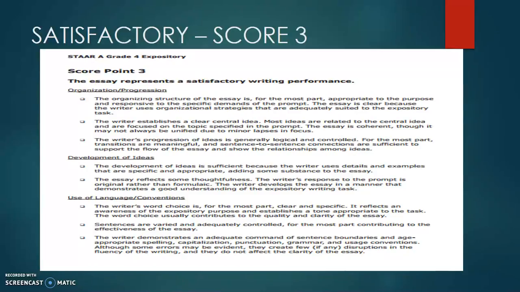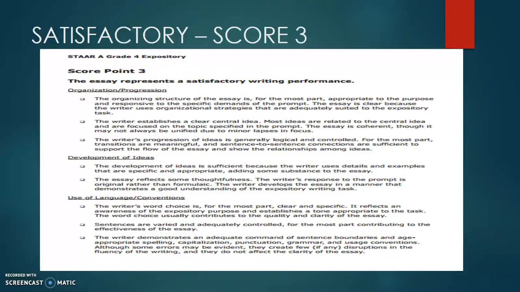So that means that you have stated your central idea in a topic sentence, and most of your ideas are related back to that central idea. They are focused on the topics of the prompt. Your essay is coherent. That means it makes sense, though it may not always be unified due to minor lapses in your focus. So for the most part, it makes sense and you're on target.